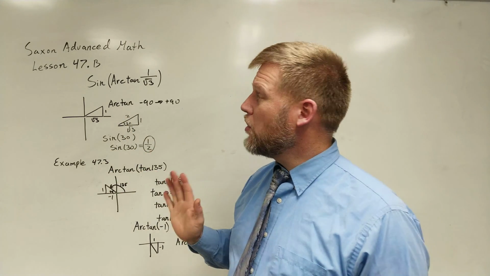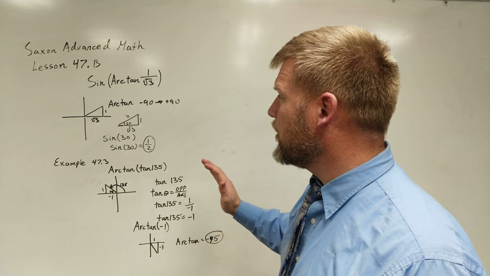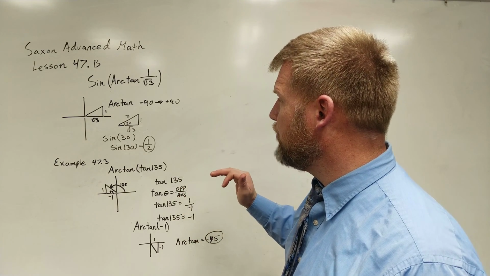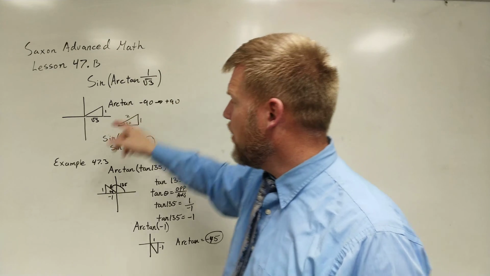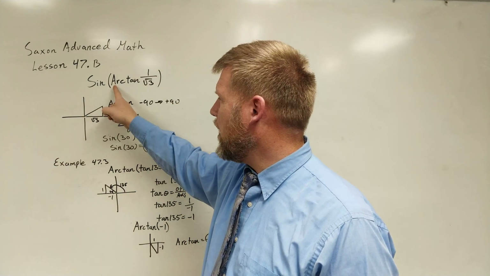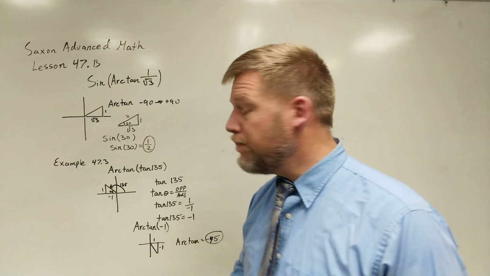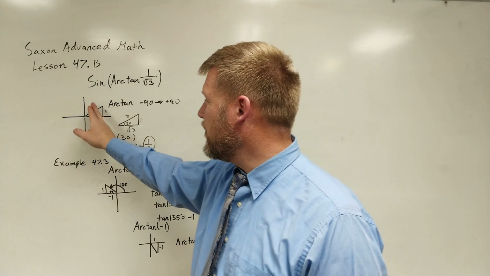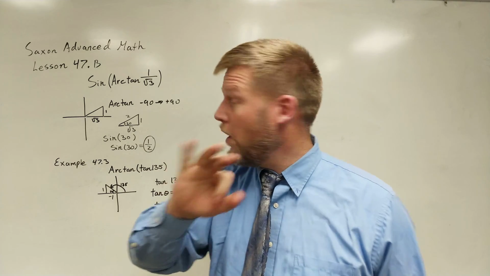Now, the book doesn't go into it, but there's another quadrant where this could be positive. That would be all students take calculus. If this wasn't a capital A here, there would be two possible answers. It could be in the first or the third quadrant.